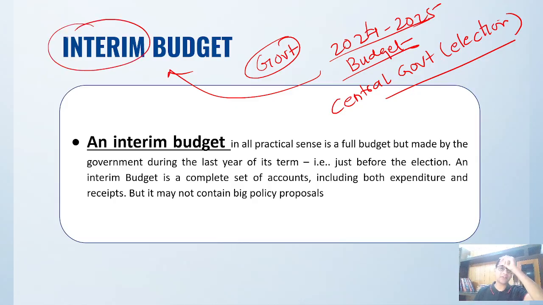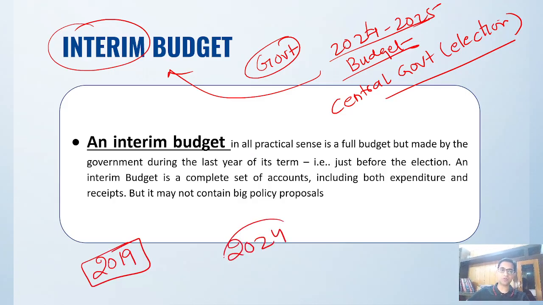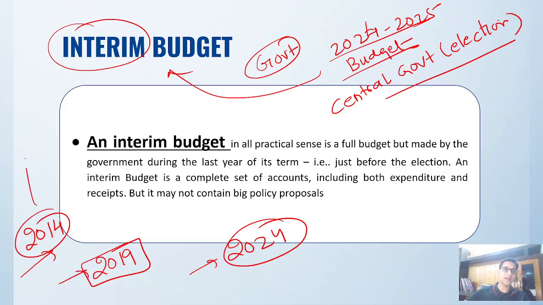That means you cannot give a full budget that year because we don't know which government will come. That happened in 2019 also, when there was an election. This is happening in 2024, this year election is also there. That happened in 2014, elections were there. So in 2014, 2019, 2024, an interim budget has been passed.